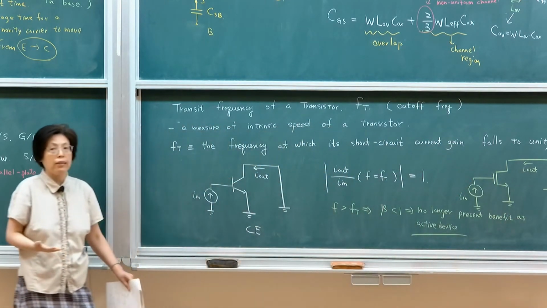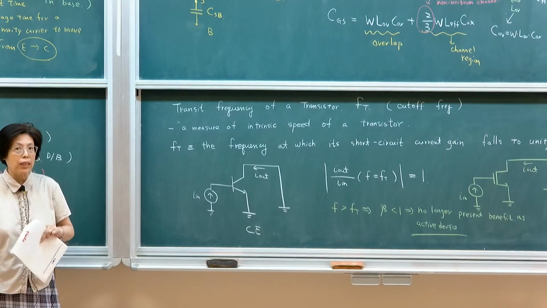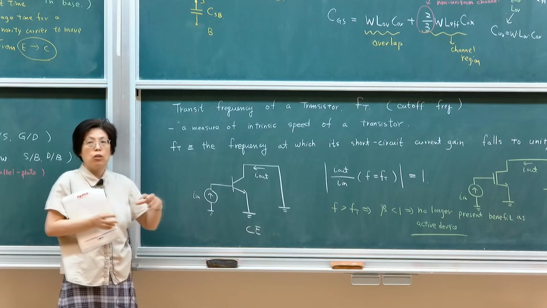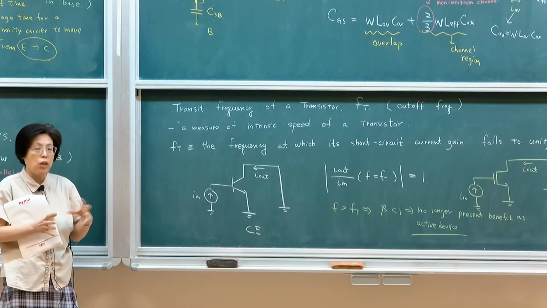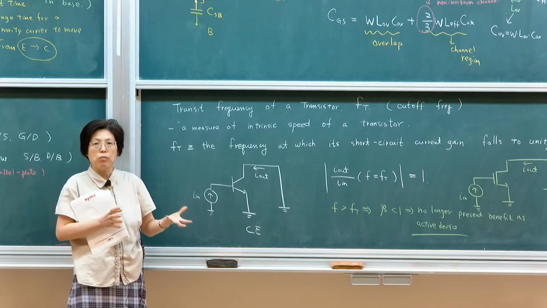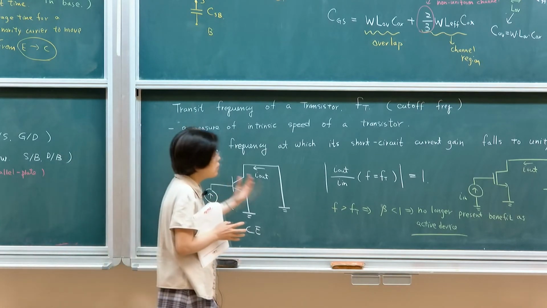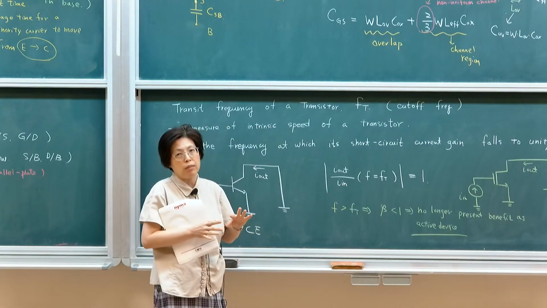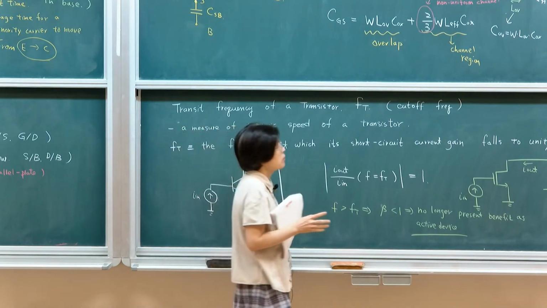An active device should be effectively providing gain, but beyond this frequency, your parasitic capacitance will dominate and bypass the transistor modulation effect. So you won't see the modulation effect. You will only see parasitic capacitance effects.